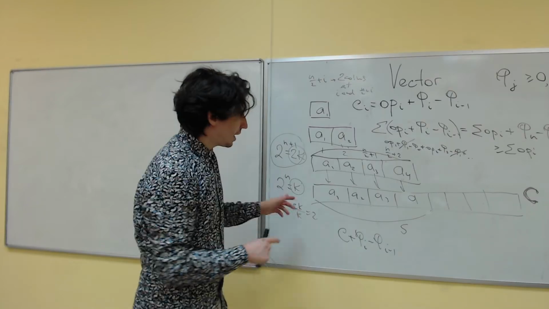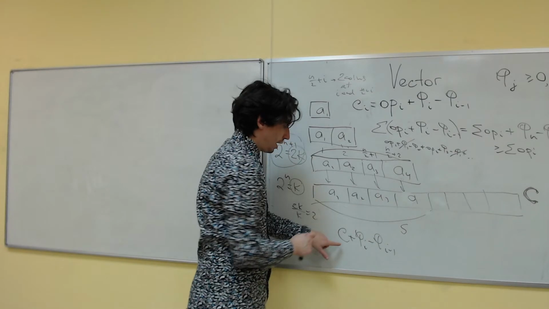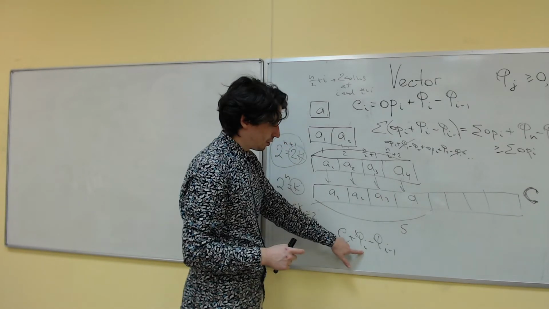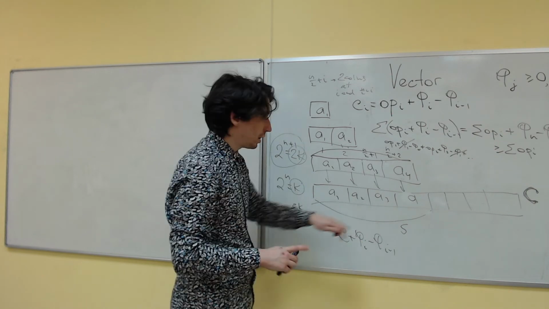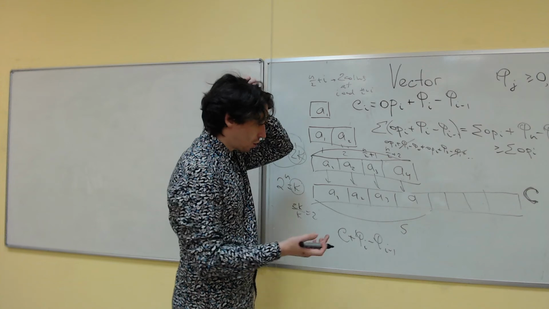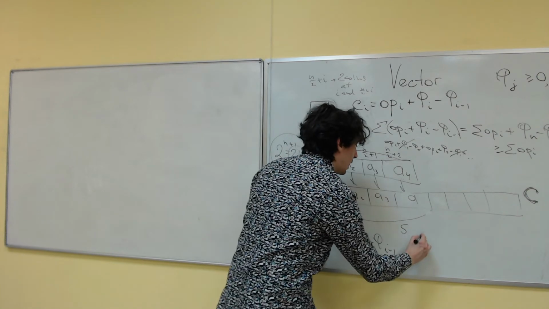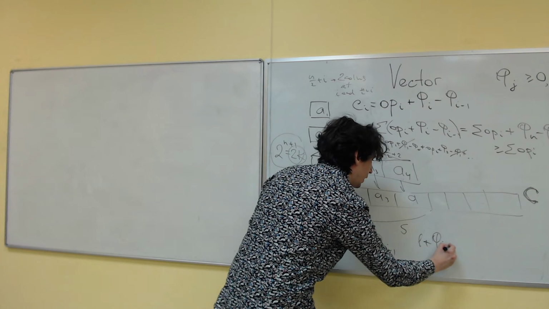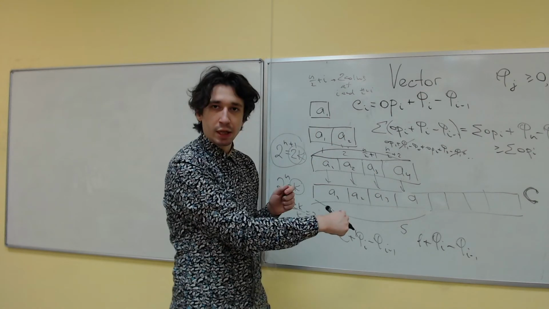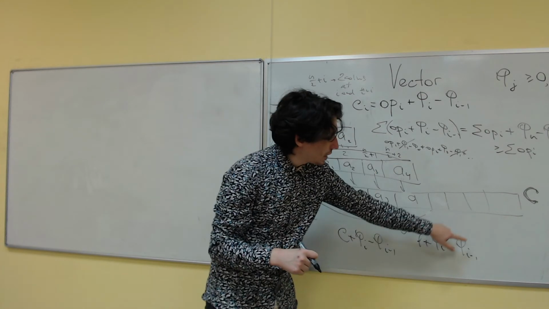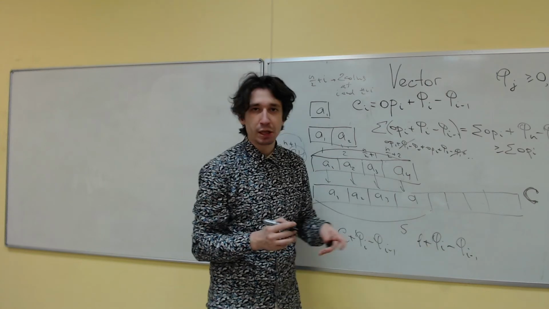So at the moment of copy, you have C plus the potentials of the states. While when you don't copy, you have 1 plus Fi minus Fi minus 1, because 1 is for putting one element there, and the rest is for the potentials.